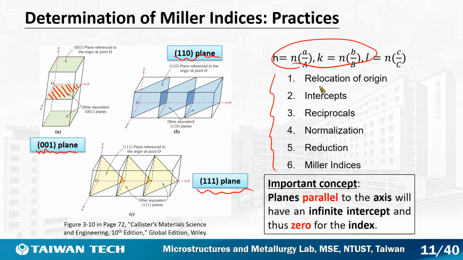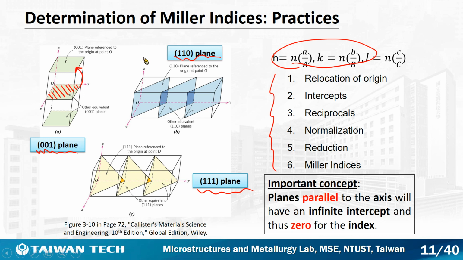Because this plane is on the origin, it intersects the origin. So we need to relocate the origin or the plane. It's okay. We can just move this plane, for example, above or below so that it won't intersect with the origin. Let's say we move it here.